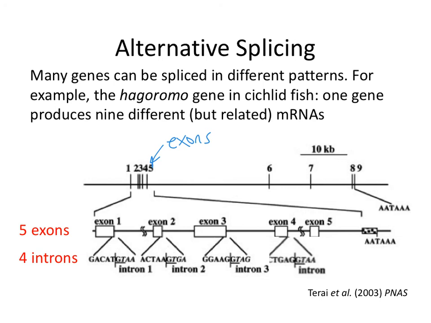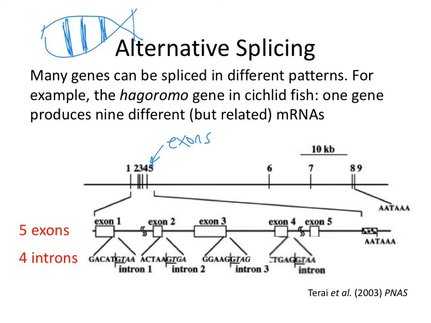There's variety, and it's complicated, but there's little variety within an organism or within a species. So, in other words, in every cell of a fish that's blue that has vertical stripes, so here's your horrible drawing of a blue fish with blue vertical stripes, in every cell of this organism, its hagoromo gene would be spliced exactly the same way.